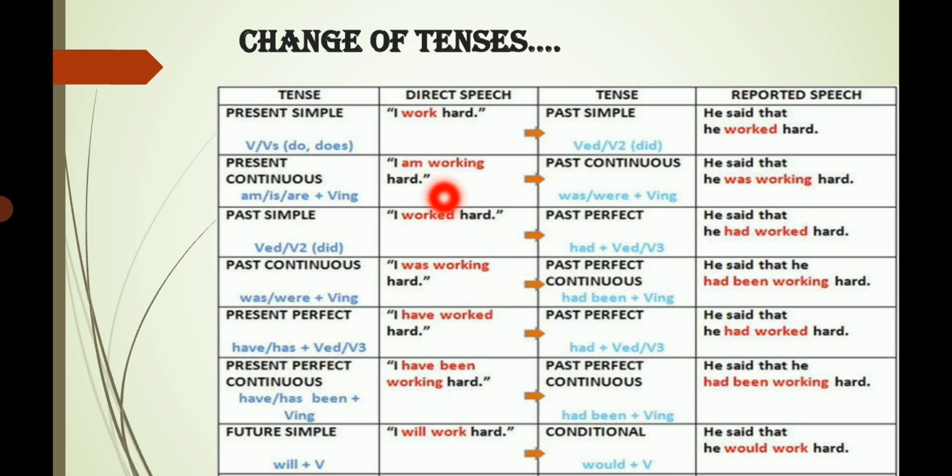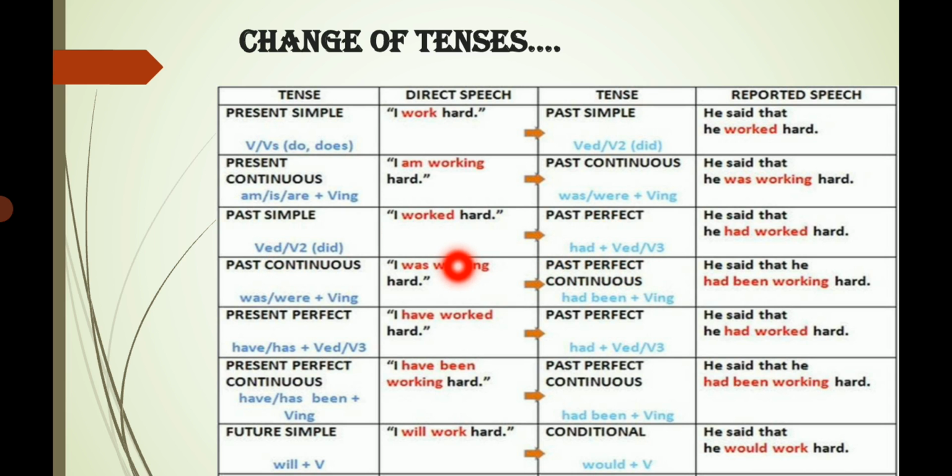Okay, next, if the direct sentence is in past simple, past indefinite tense, it will be changed into past perfect tense. And what is the rule of past perfect tense? In the past perfect tense we use had as a helping verb, and we use the third form of verb.